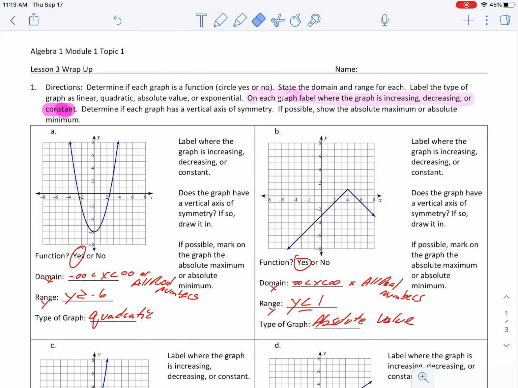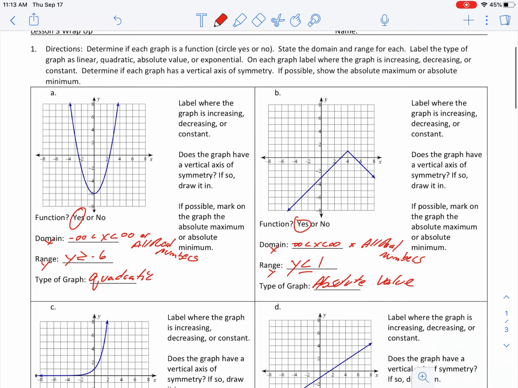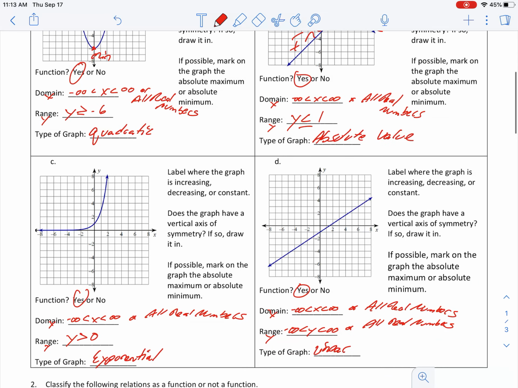On each graph, label where it's increasing, decreasing, and constant. So we've been doing that now for a couple weeks. My eyes start left to right. It's decreasing here. It turns down there at the minimum and starts to increase. Letter B, my eyes are going up. It starts to increase.